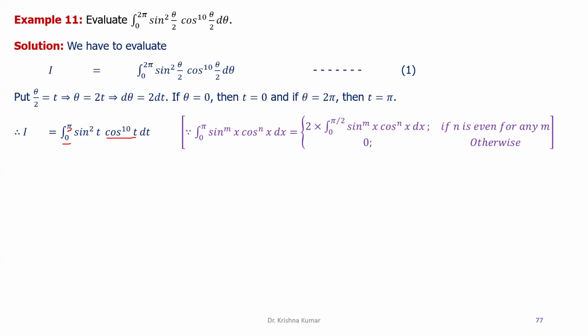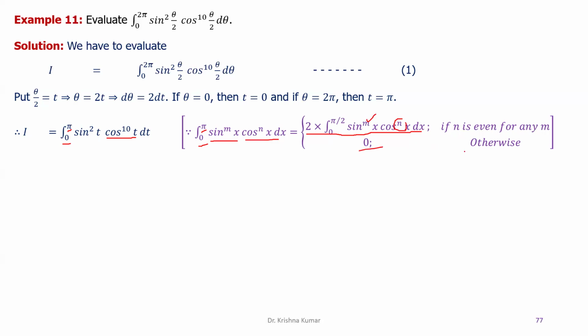But we know that integration of sine to the power mx cos to the power nx under the limit 0 to pi with respect to x is given by 2 times the integration of sine to the power mx cos to the power nx under the limit 0 to pi by 2, if n is even for any m. This n should be even; m may be odd or even.